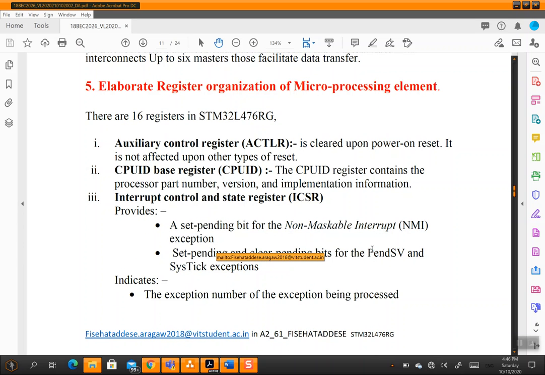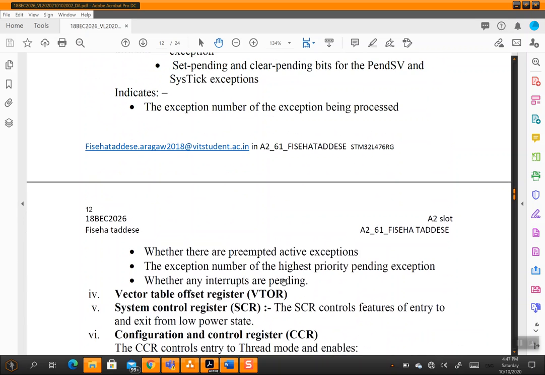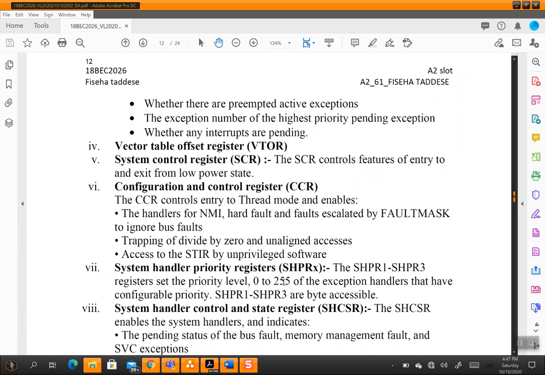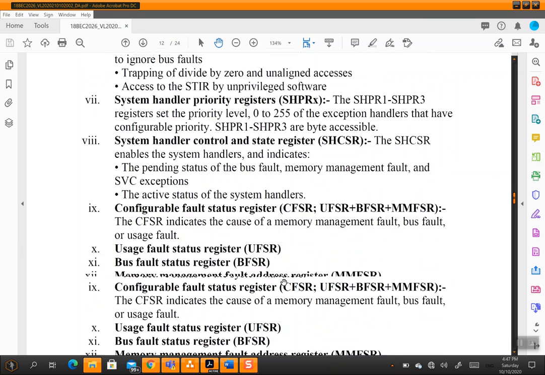The interrupt control and state register provides a set-pending bit for the non-maskable interrupt exception, set-pending and clear-pending bits for the PendSV and SysTick exceptions, and it indicates the exception number of the exception being processed. So these are some uses of the registers, and the rest of the registers each have their own use.